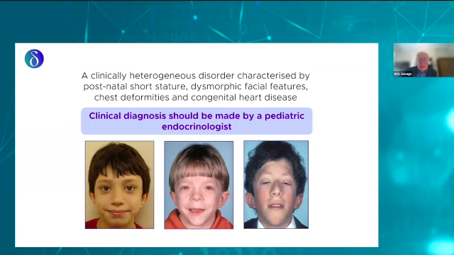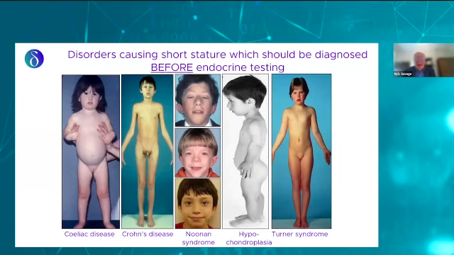Of course, this is Noonan syndrome, as you will all recognize. And this is where the clinician needs to be very observant and look for signs such as the protuberant abdomen in celiac disease, the wasting and the malnutrition associated with Crohn's disease, the disproportion associated with skeletal dysplasia, and the often very mild dysmorphic features of Turner syndrome.